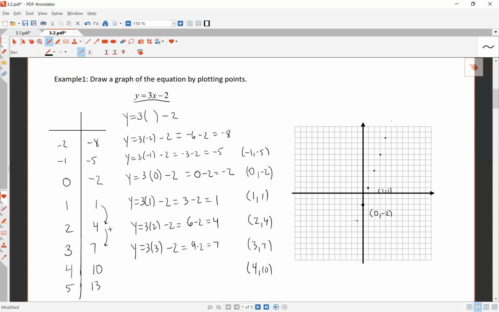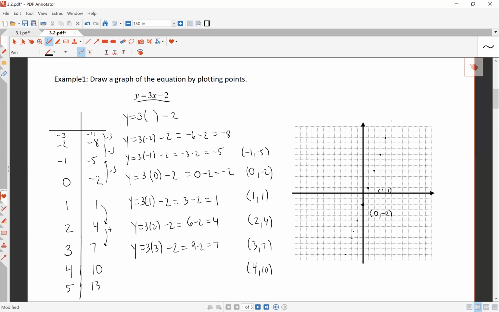Negative 2 and negative 8. On this side, we see those values are getting smaller by 3. So negative 8 minus 3 would be negative 11.